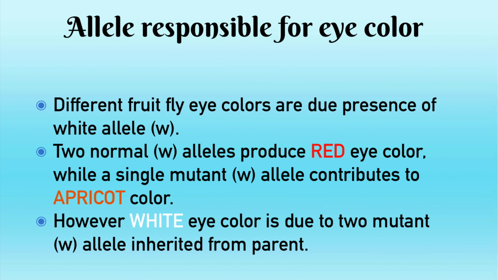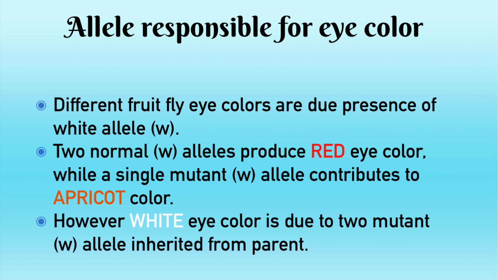The allele responsible for different fruit fly eye color is called the white allele, with the abbreviation W. Earlier, it was not very clear how this W gene produces apricot eyes. Scientists gave two possible explanations for this, which I would like to discuss.